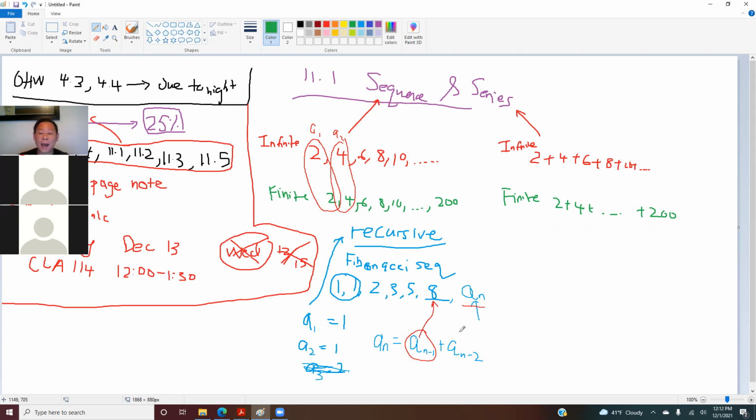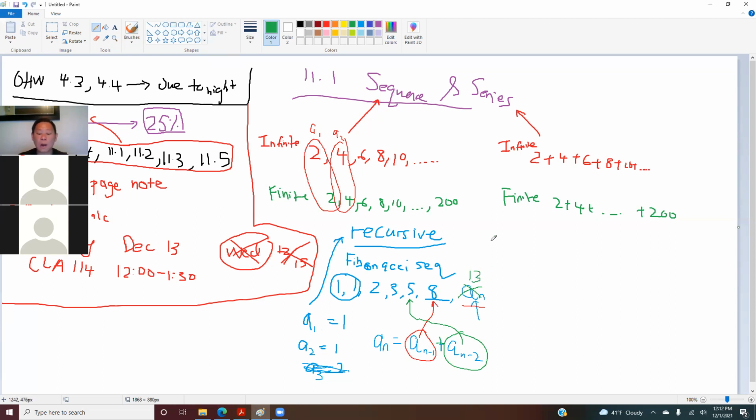And then An minus 2 stands for the one right before that. So this is what we call a recursive sequence. It means the next term depends on your previous terms, and we use n minus 1 and n minus 2 to tell us that the n minus 1 term in this case is the one right before it, in this case 8, and then n minus 2 will be 5. So we know the next one in this case, and we add, so it's going to be 13.